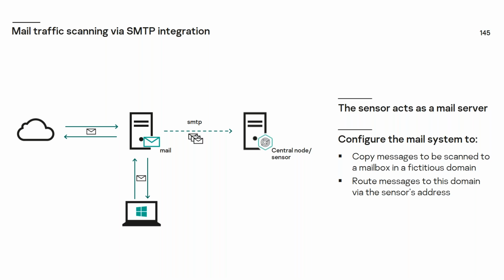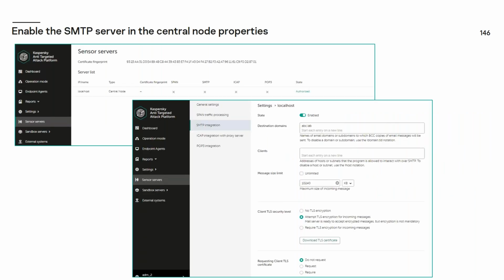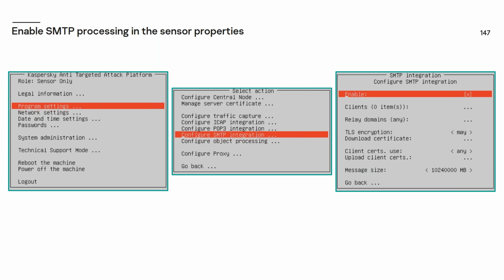So it's basically like a shadow domain that will be generated for the purpose of receiving duplications of email traffic, right? Now to configure this, it's very similar. We are going to just go ahead and configure this as a mail server, and we just do that as part of the SMTP integration itself, either on the central node or on the sensor.